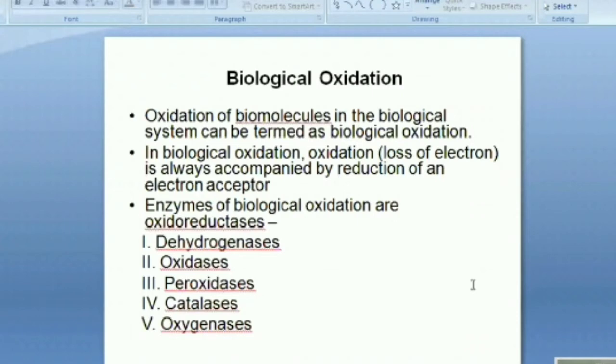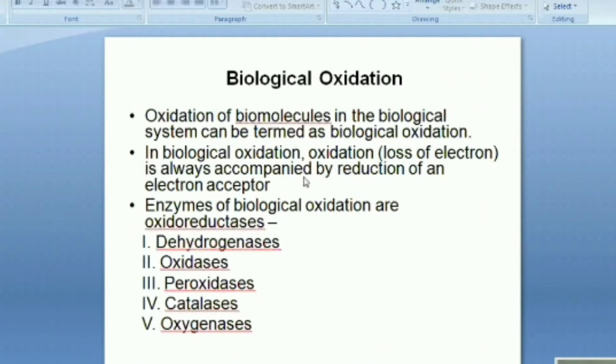Do you understand what a biological system is? Within the cell membrane, within organelle membranes. Biological oxidation is always accompanied by reduction. Is it clear? It should be made clear.